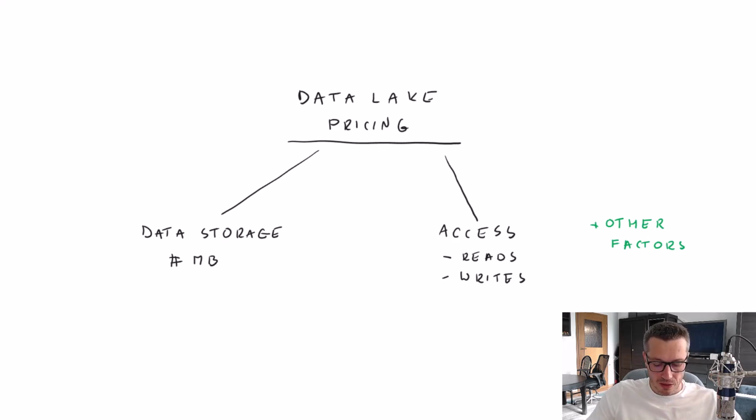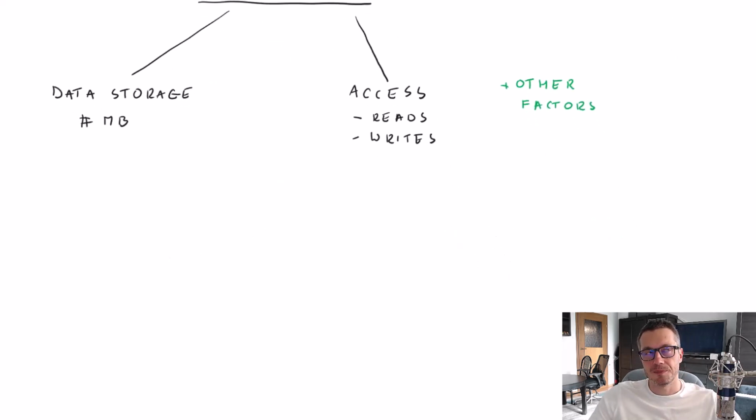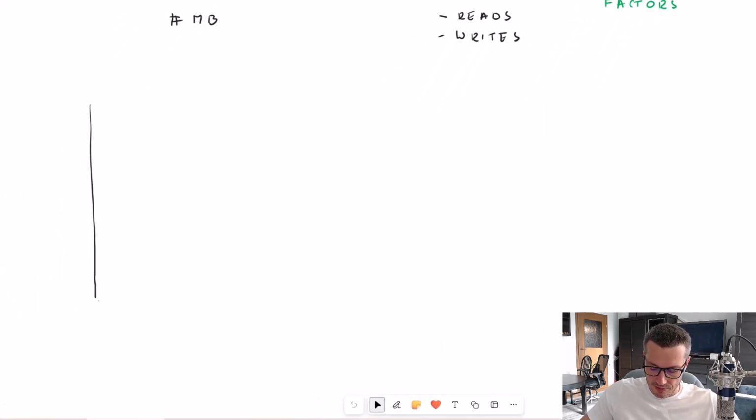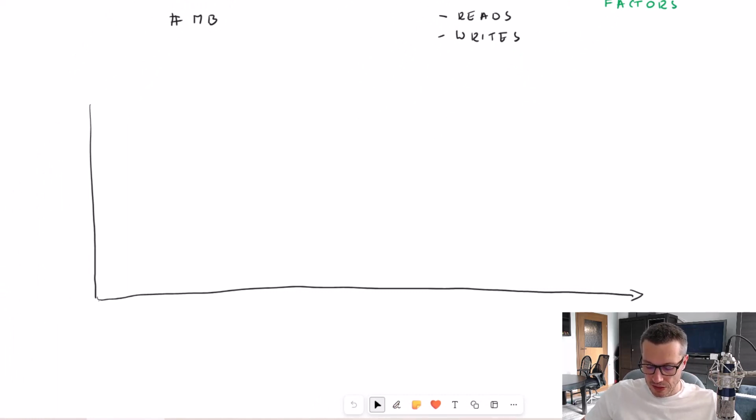Now, if we think about the life cycle of our data in a data lake, we could visualize it like this. So let's say that this is our diagram, that on the horizontal axis we've got time, and on the vertical one we've got, let's call it file access.